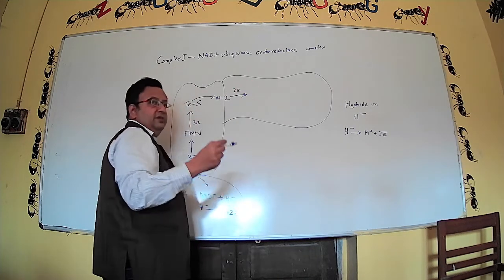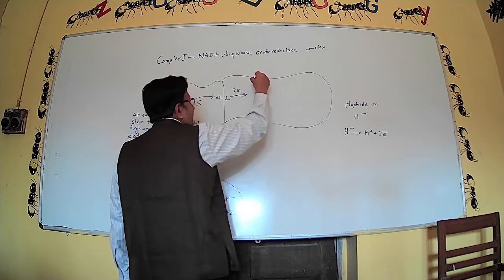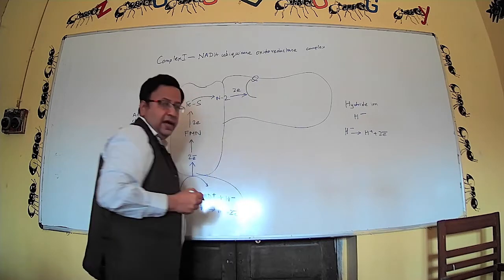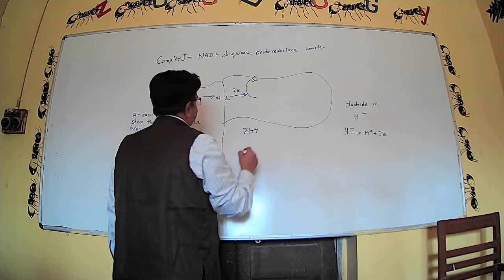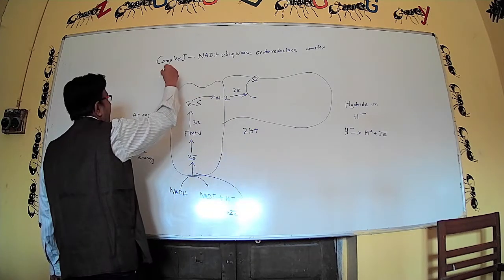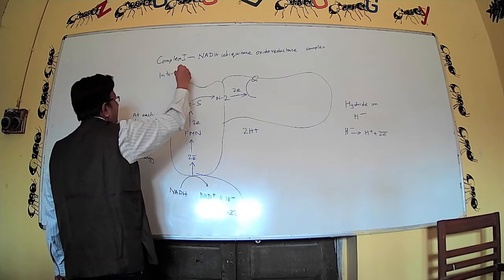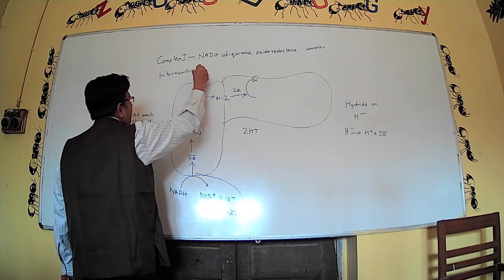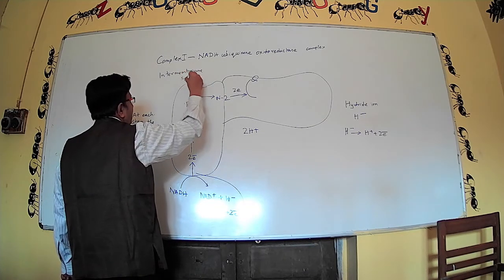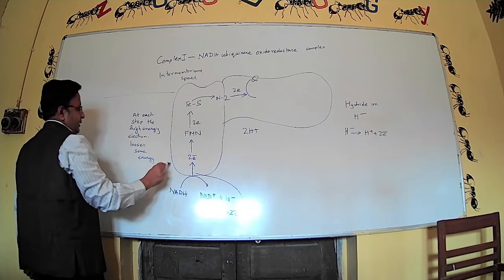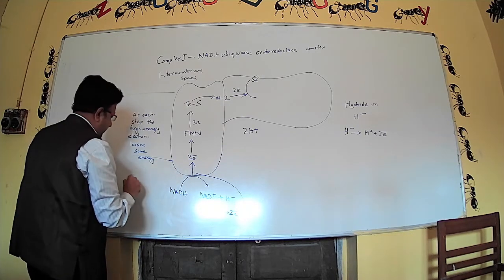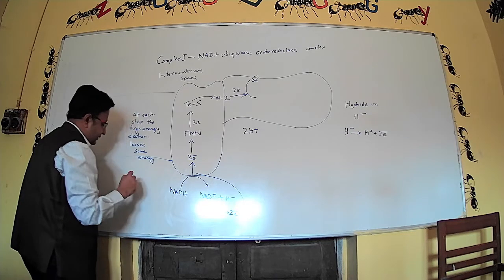there is quinone, there is a molecule Q, and it will take 2H plus from the mitochondrial matrix. This is the intermembrane space here, and below this is the membrane, and below this is the mitochondrial matrix.